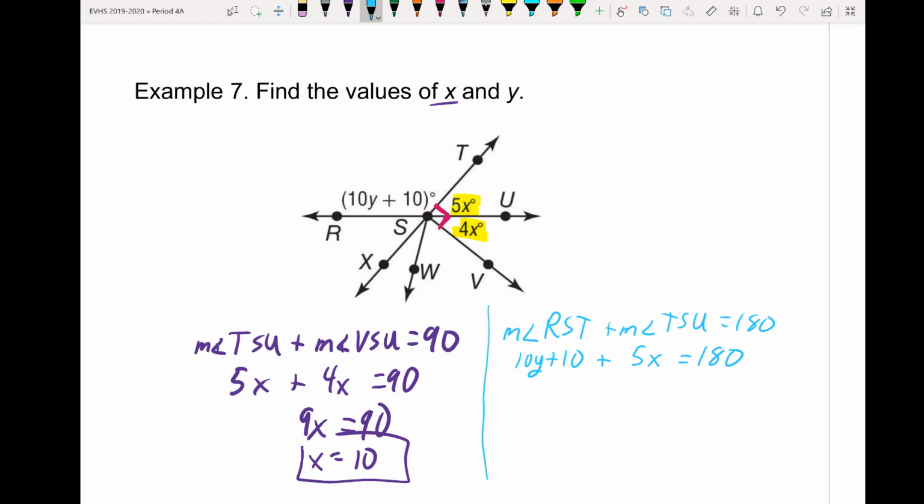But now I can't have an x and a y in the same equation. Well, not with a single equation. There could be a system I could do, but I'm going to take this x equals 10 and just substitute it in. 10y plus 10 plus 5 times 10 equals 180.